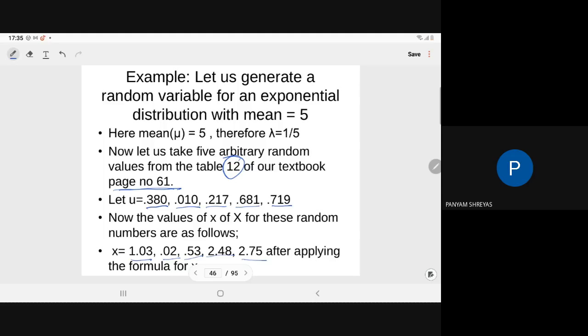So in this way you can generate the customers using random numbers, without actual arrival of the customers. That is the benefit of this simulation.